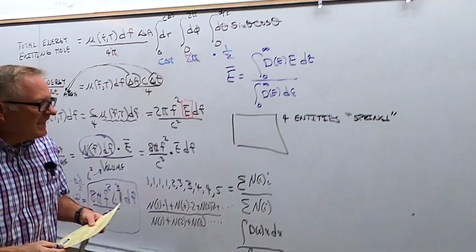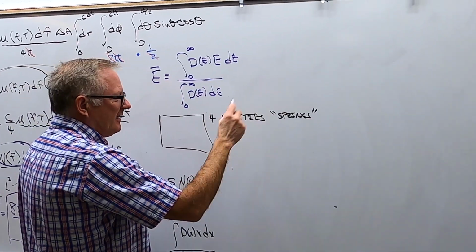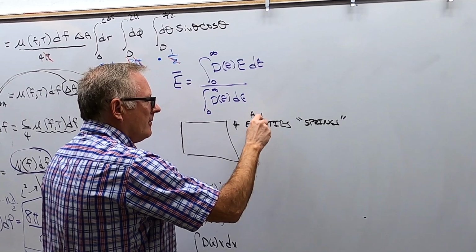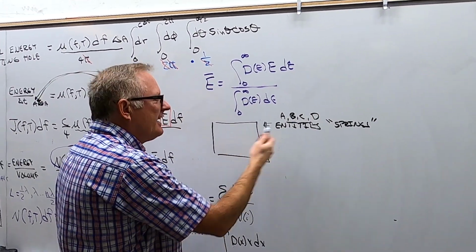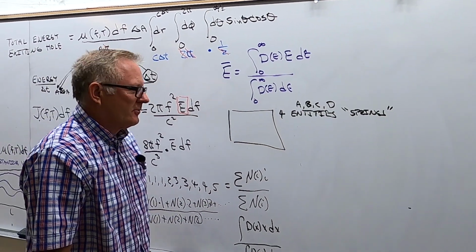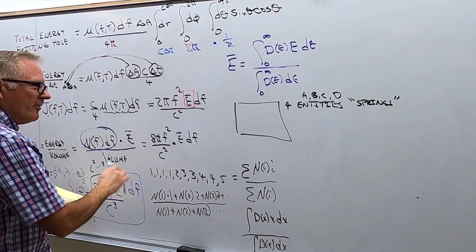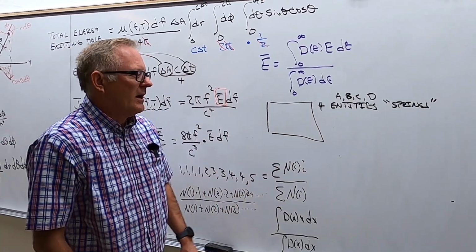Okay? And they can exchange energy, and I'll label them A, B, C, and D. 4 springs. And each spring can give its energy to another object right here. Just like in our cavity, light can hit the wall and move the energy around right here.